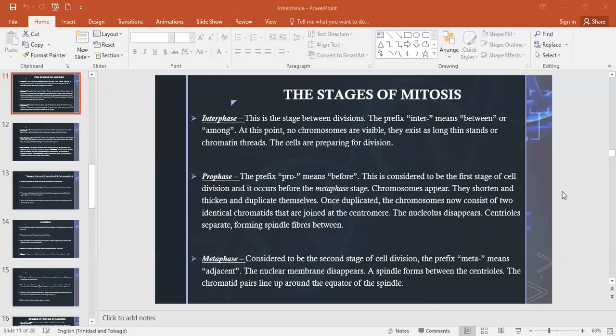They are all on opposite sides. What happens to these spindle fibers? They get destroyed or they disintegrate.